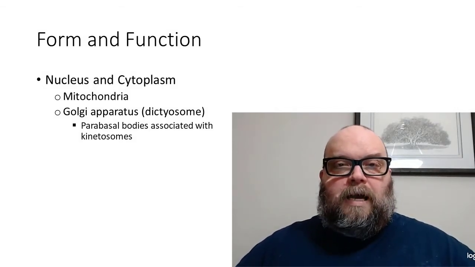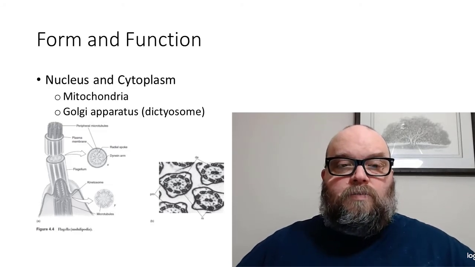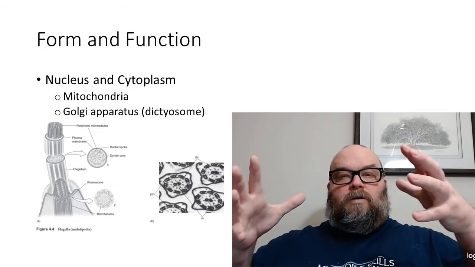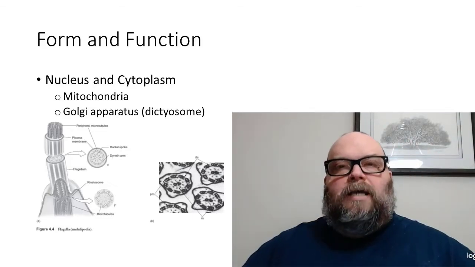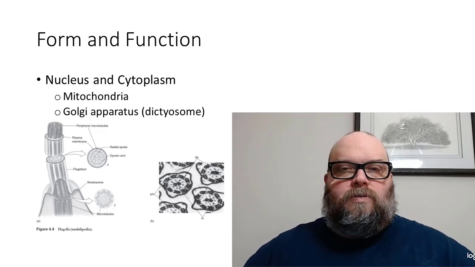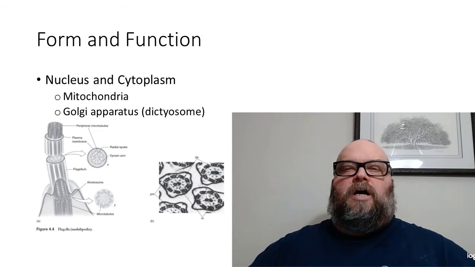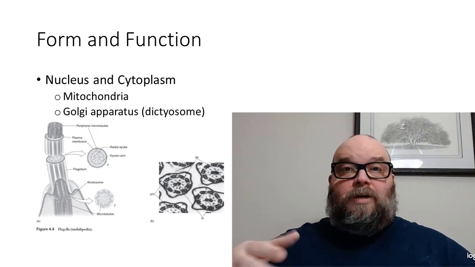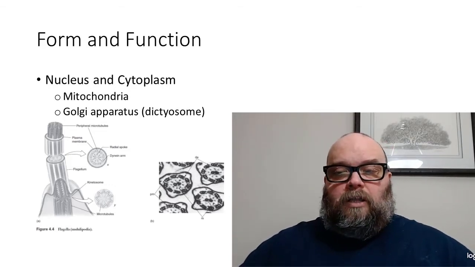These parabasal bodies are going to be composed of different dictyosomes and what are also referred to as kinetosomes. This is the entire organelle-like complex of structures, all there at the base of the cilia and the flagella for the production of ATP, for the production and maintenance of the cilia, the flagella, and whatnot.